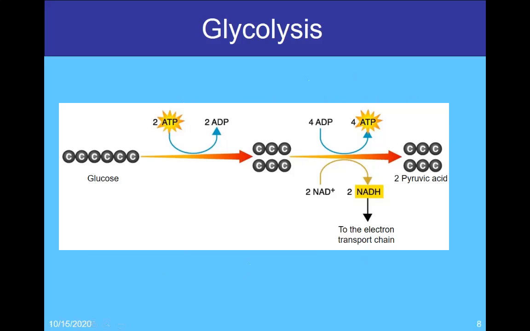Now, if we use 2 and make 4, that means we're going to have a net production of 2. So 4 produced minus the 2 that we use to get started here is going to equal 2 net ATP.